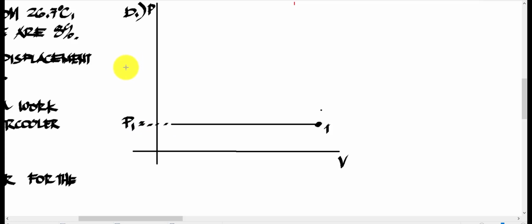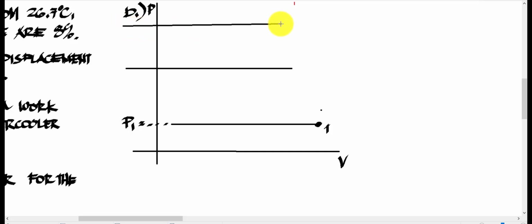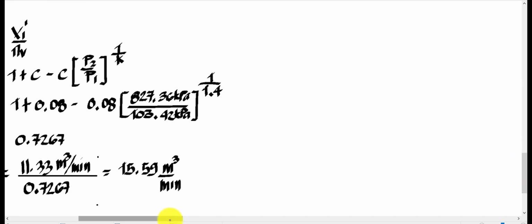Now I'm just going to draw a line here. I don't know what the value of that is, but I'm only trying to draw so that we can have the boundaries for your PX, or your intermediate pressure. Then for our final pressure here, our P4.